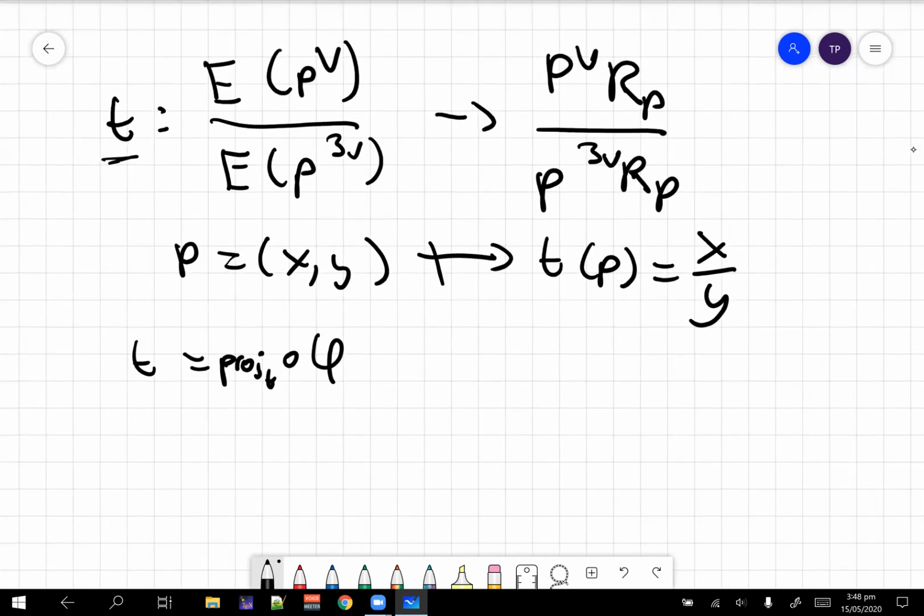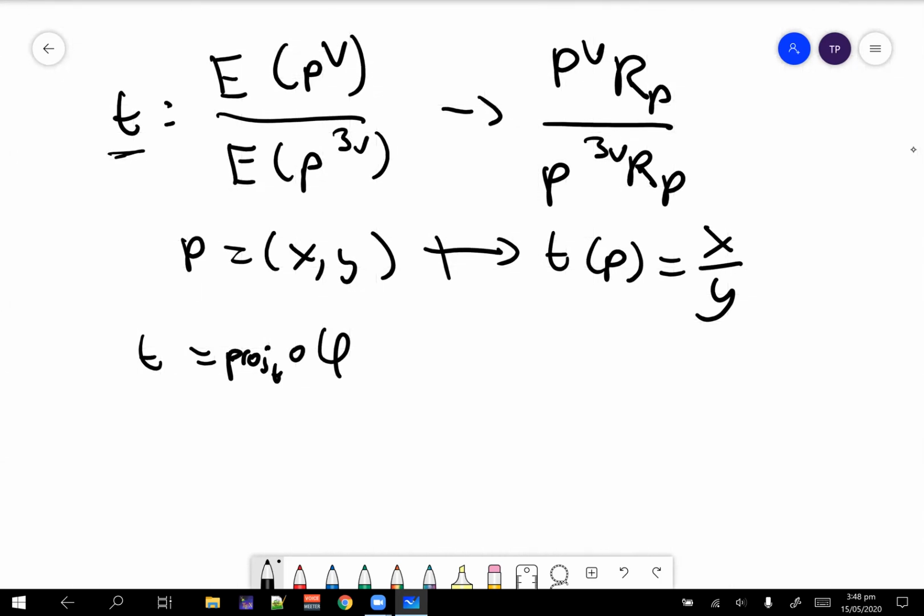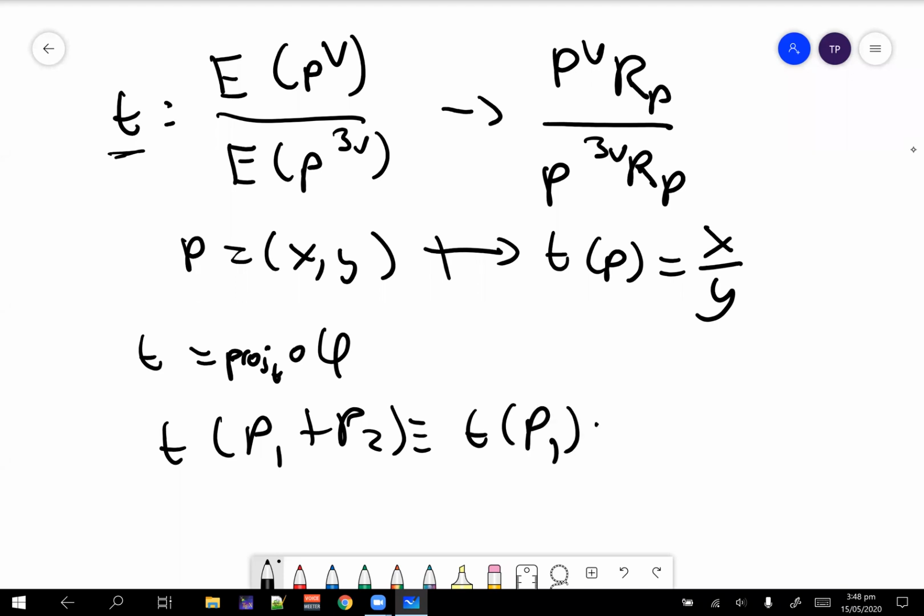Then we claim that this map gives this result: T of P1 plus P2 is, for any P1 and P2 in E of P to the V, and this is over, so we mod out by the thing on the bottom.